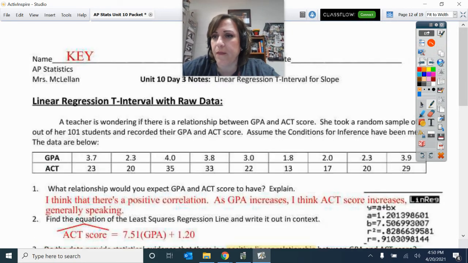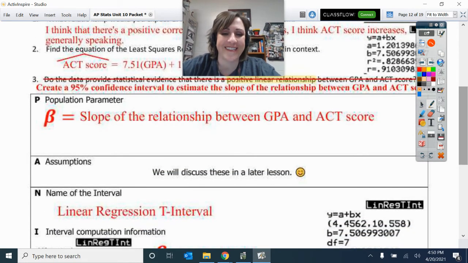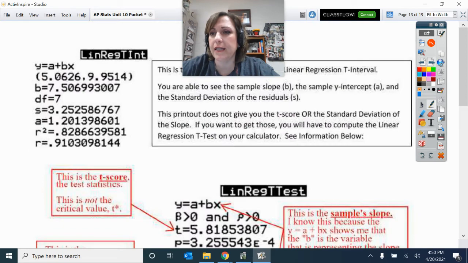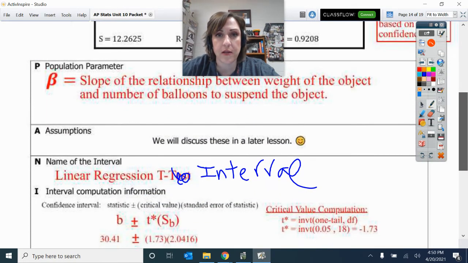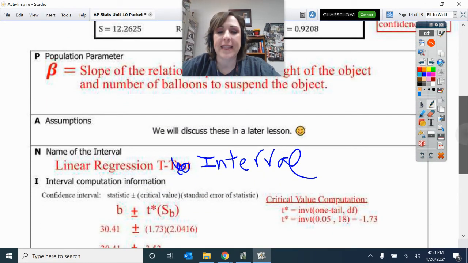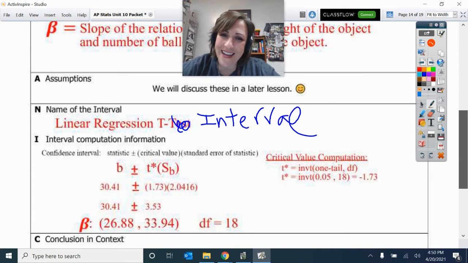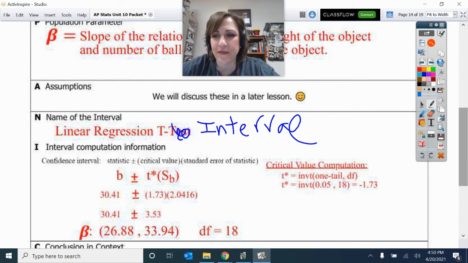Let me double check that. Yeah, I did. All right. There we go. Now, let's do this. This is not as nice and easy as individual data from the calculator.